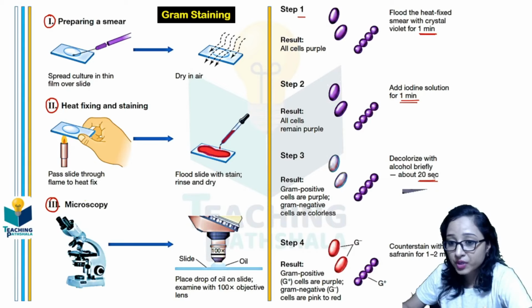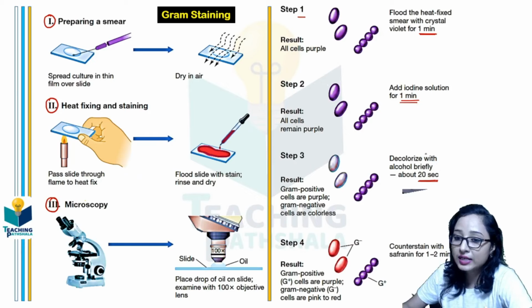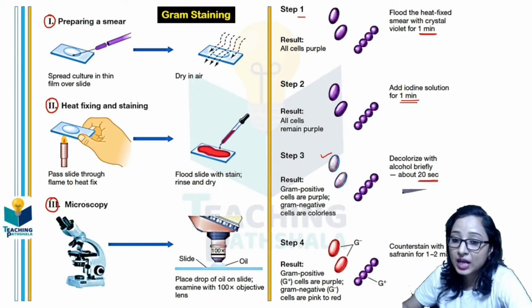But when we keep the decolorizer for 20 to 25 seconds, it will decolorize the gram negative strain, not the gram positive, because gram positive has a very thick peptidoglycan, and that has just encapsulated the whole complex of iodine and crystal violet, and that is why it is not going to lose its color.